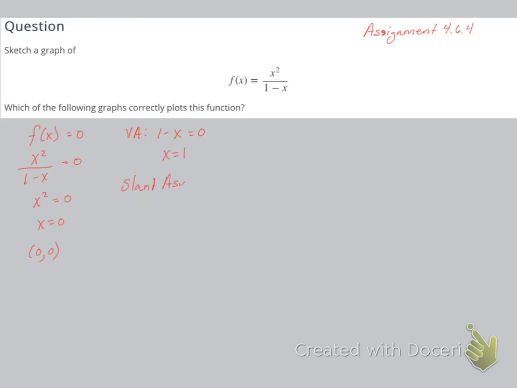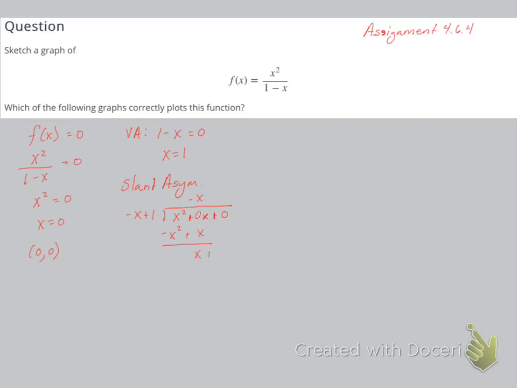We can find the slant asymptote by doing long division with this problem. So I'm going to write the divisor as negative x plus 1, and put that into x squared plus 0x plus 0. So I'm going to get negative x. This will give me x squared minus x. Hopefully you kind of remember this from pre-calculus. Distribute the negative.